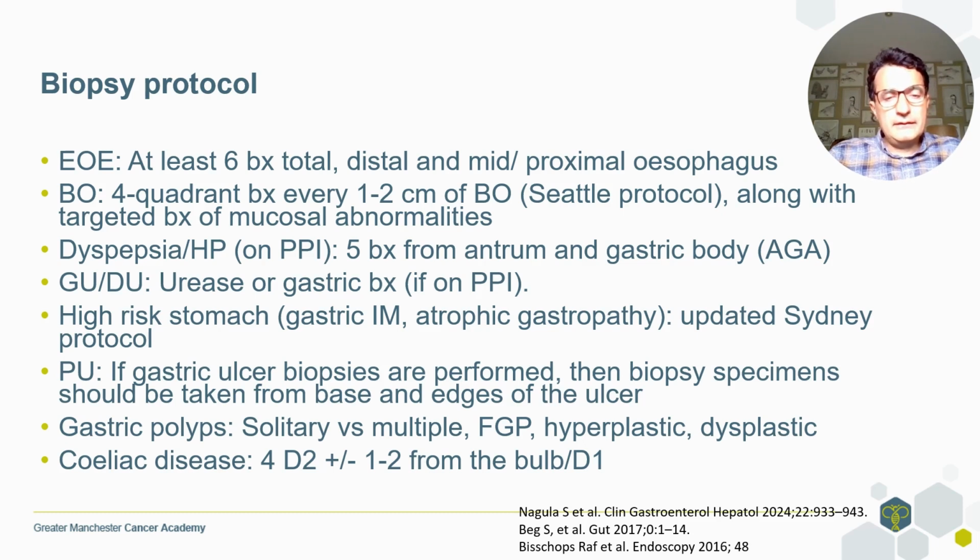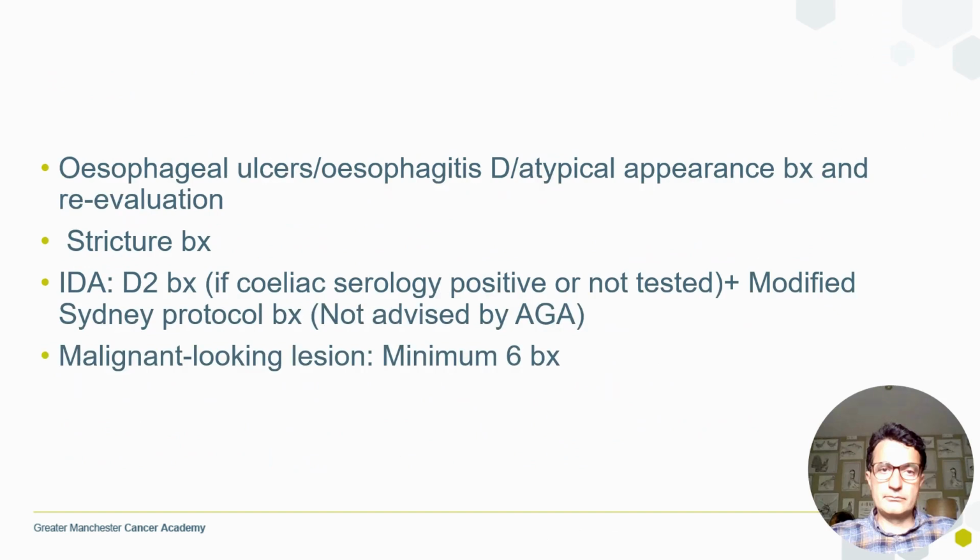For celiac disease, 4 biopsies from D2 and plus minus 1 to 2 biopsies from the duodenal bulb.